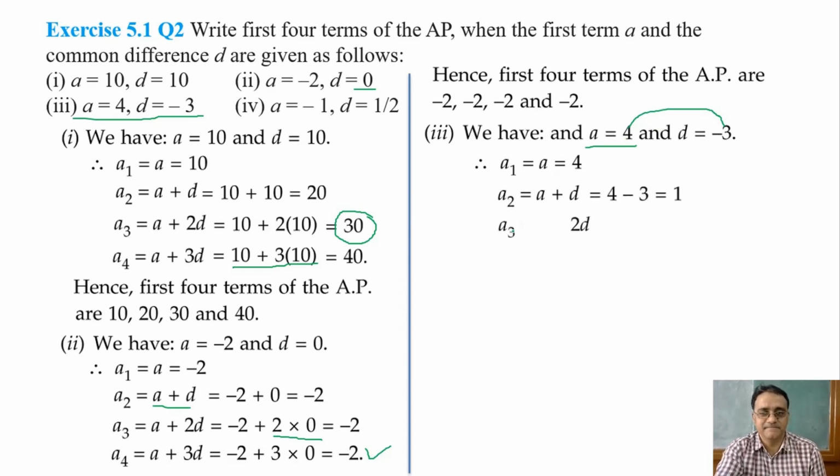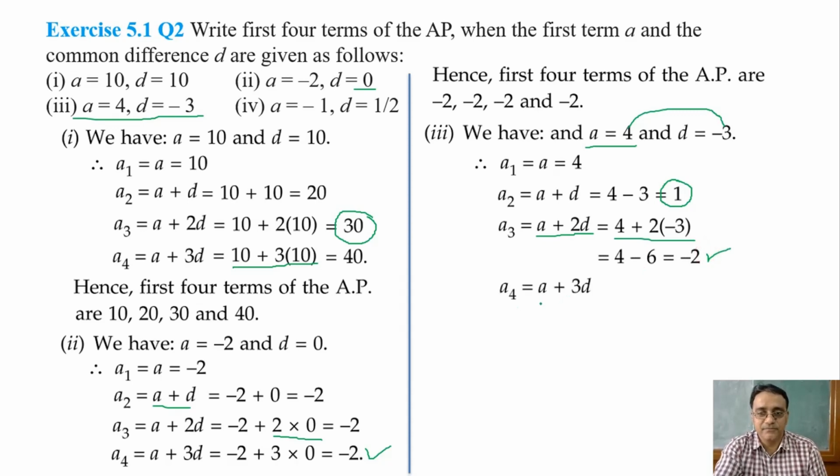Now A3 is A plus 2D, or we can write A2 plus D, that is 1 plus minus 3. दोनों तरीके से कर सकते हैं. So फिलहाल अभी मैं इसमें substitute कर रहा हूँ 4 plus 2 into minus 3. So 4 minus 6. Minus 2.